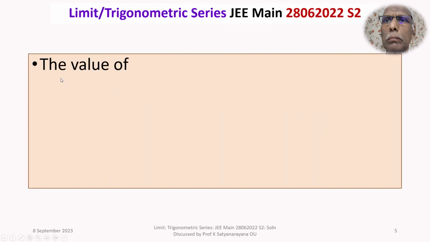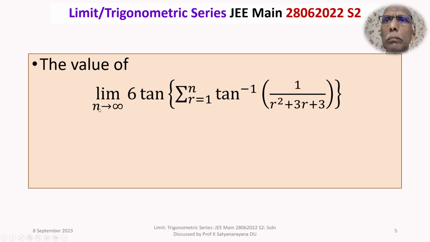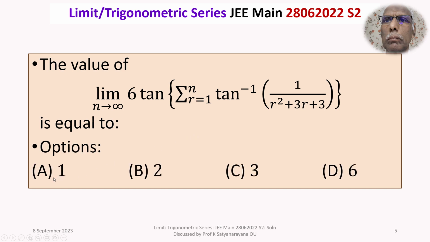The given question is: the value of limit n tends to infinity of 6 times tan of (sigma r equals 1 to n of tan inverse of 1 by r square plus 3r plus 3) is equal to, and we are given 4 options. Option A 1, option B 2, option C 3, option D 6.